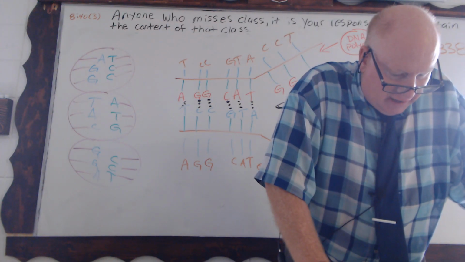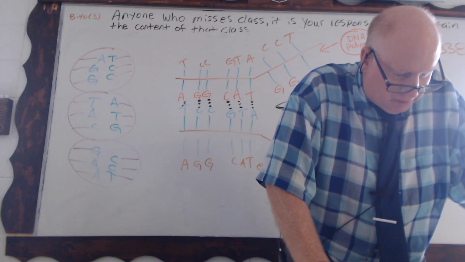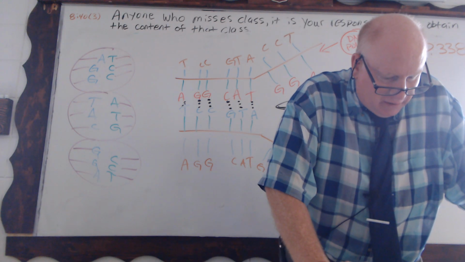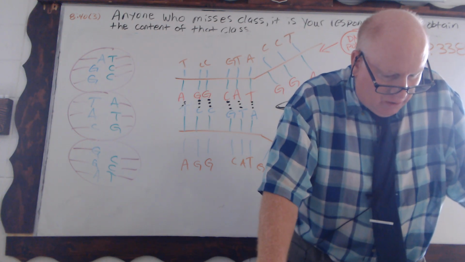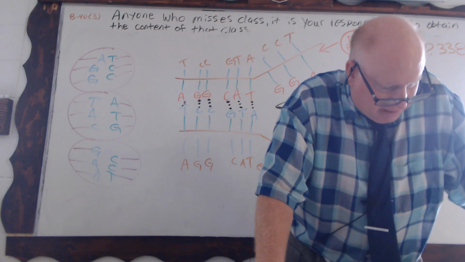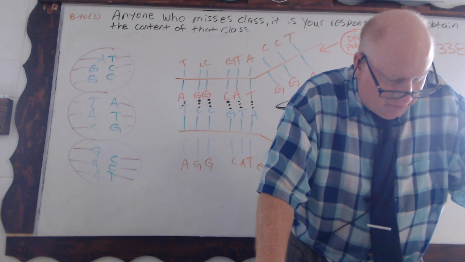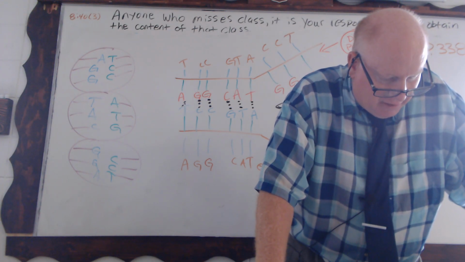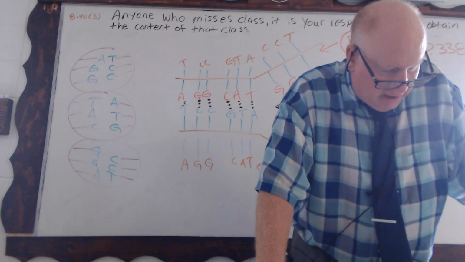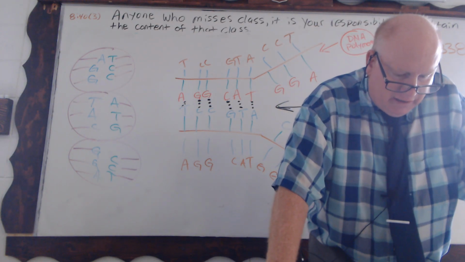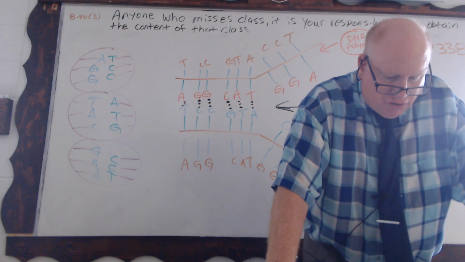Recall that DNA replication occurs during interphase of mitosis and meiosis. An overview of semi-conservative replication, figure 10, which we can look at here in just a moment. The process of semi-conservative replication occurs in 3 main stages: unwinding, base pairing, and joining.